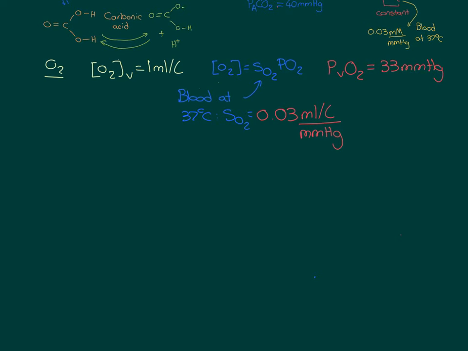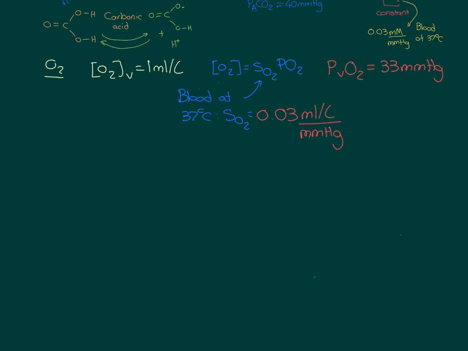Okay, right, so we've now discussed the fact that oxygen is going to be dissolved in the venous blood. We have seen the solubility of oxygen in the blood at 37 degrees Celsius. We've seen that we use these different units for the concentration of oxygen dissolved in there. However, it's nice just to talk about the partial pressure of oxygen within the venous blood. Where do I want to go now?